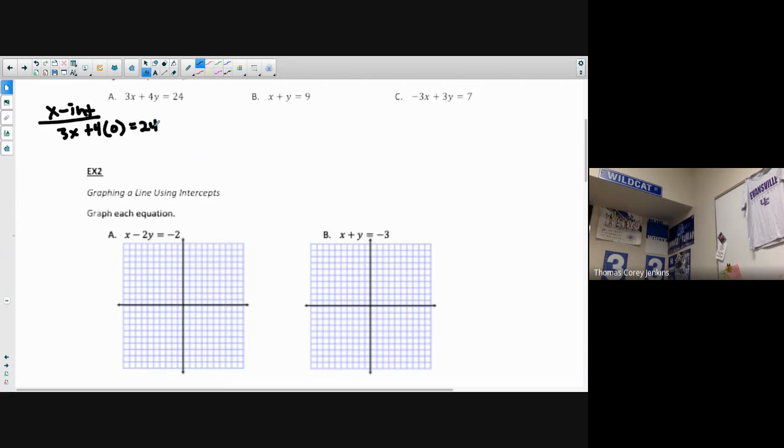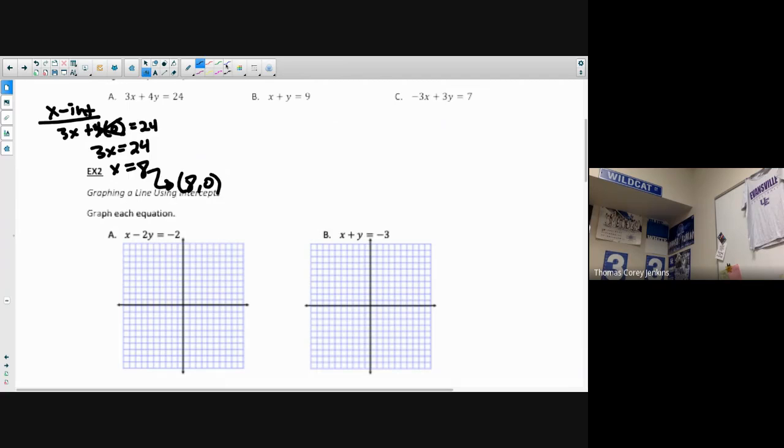Now, eventually, you shouldn't have to show all that work because every time you plug in 0, it essentially just makes that term disappear, right? So what we're left with is 3x equals 24, which gives me that x equals 24 over 3, which is 8. Okay, so my x-intercept is 8, or I prefer to say it's the point 8, 0.